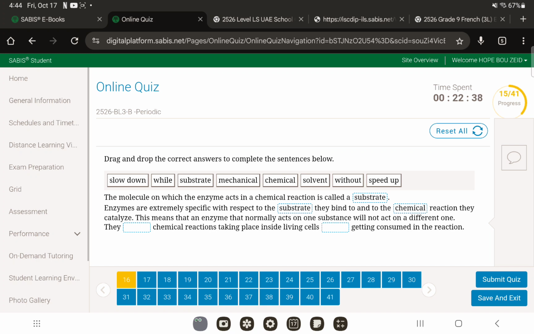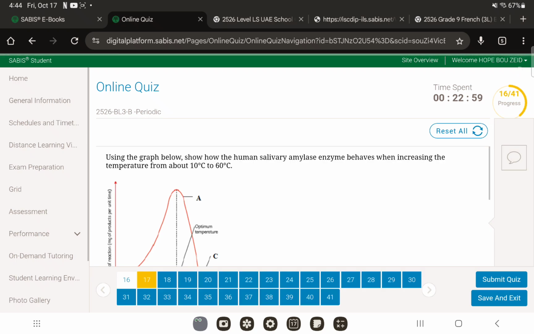This means that an enzyme that normally acts on one substrate will not act on a different one. They speed up chemical reactions taking place inside living cells without getting consumed in the reaction. This is actually a very good summary of how enzymes work. Of course, there's more to know.